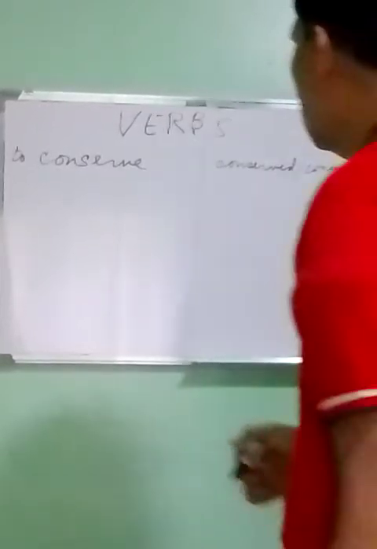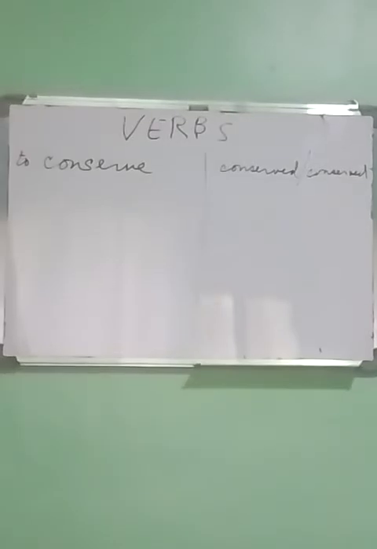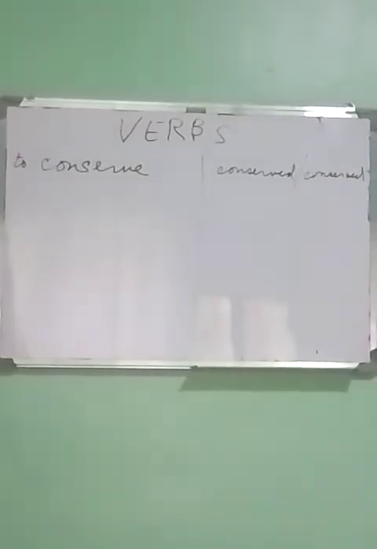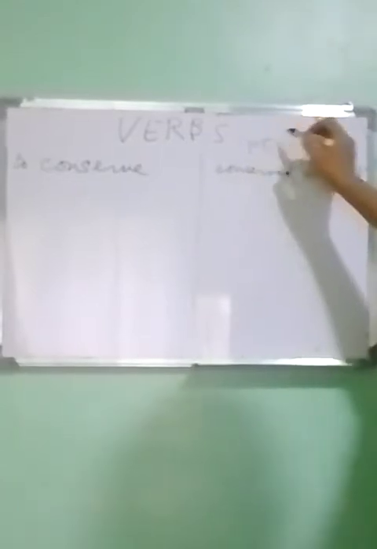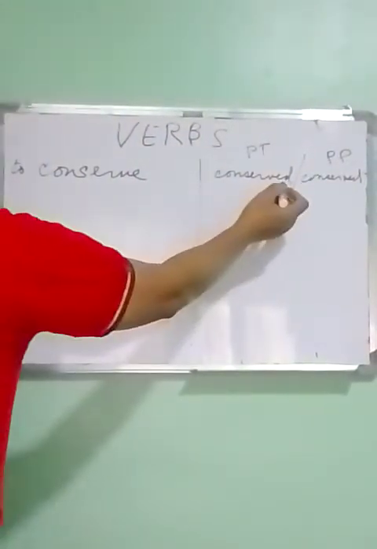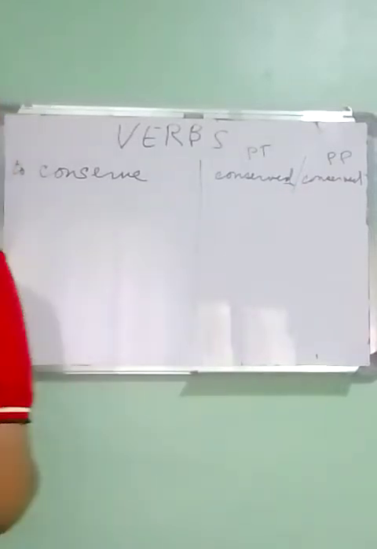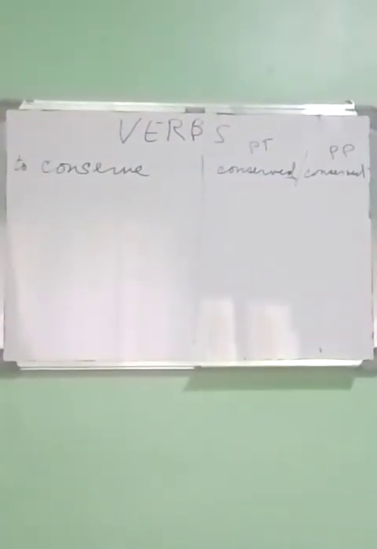Usually, for regular verbs, the past tense and past participle are the same. Remember that, no? So another example, you just add the D, right? Get that? You just added the D.